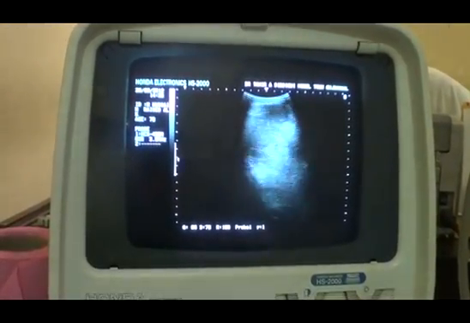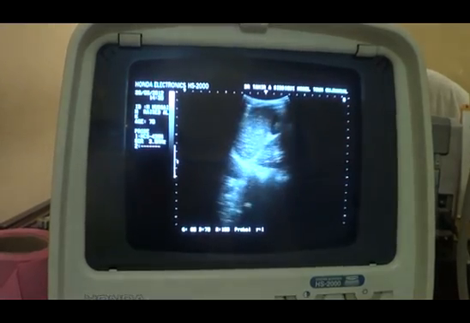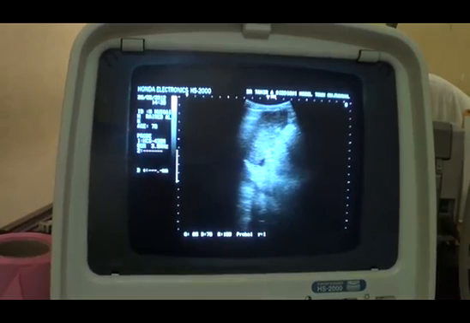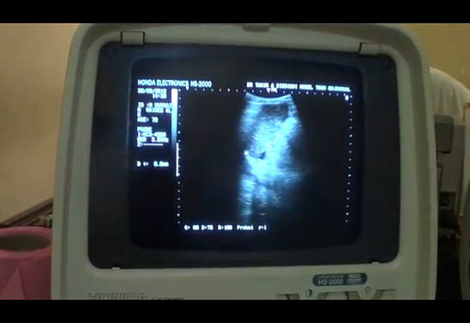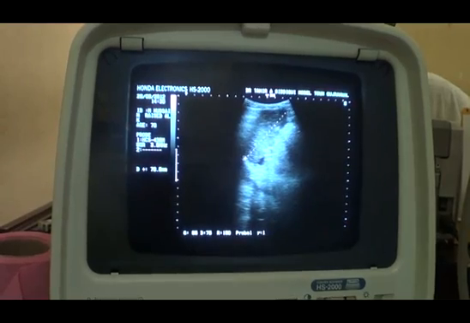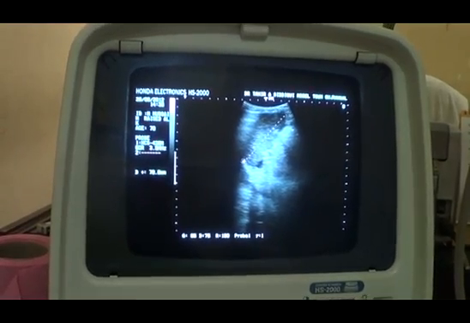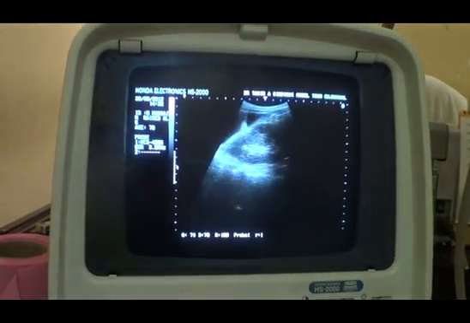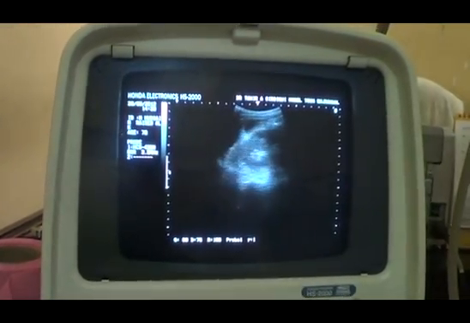Let's see the spleen. Now this is the spleen. This is the left hemidiaphragm, no pleural effusion. Spleen measures 7.8, which is a normal dimension. This is the left kidney.